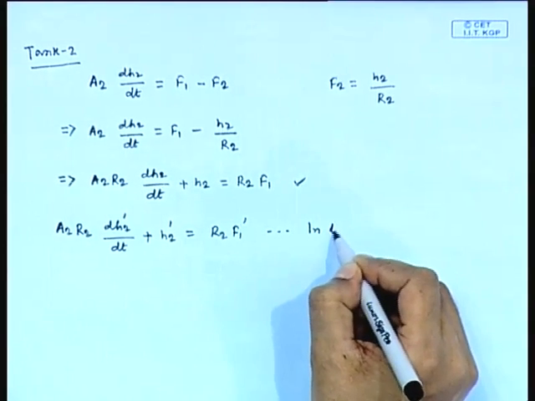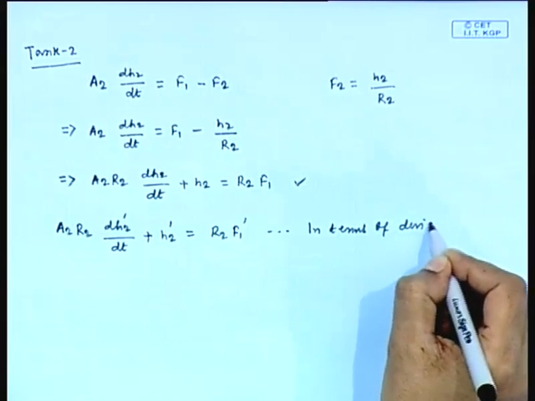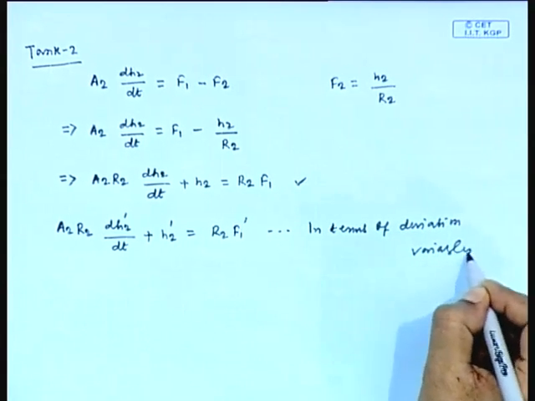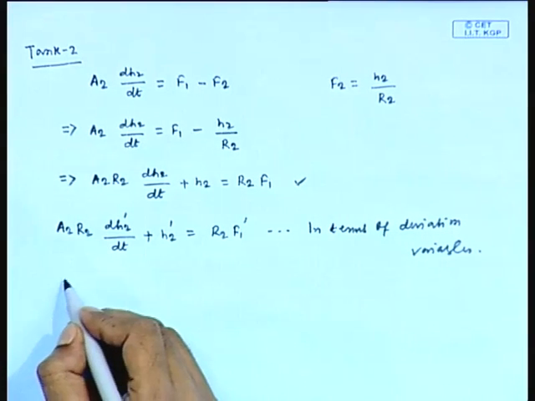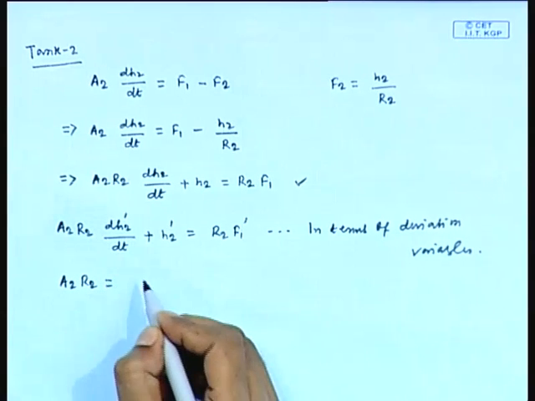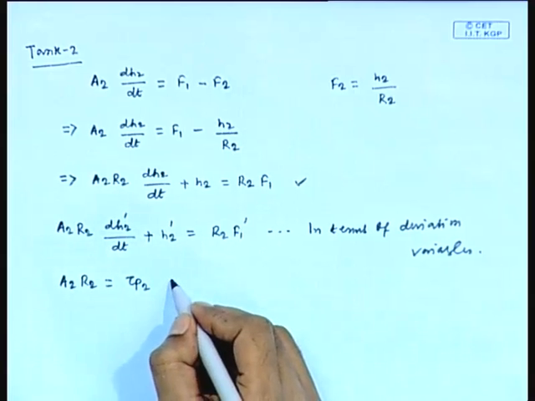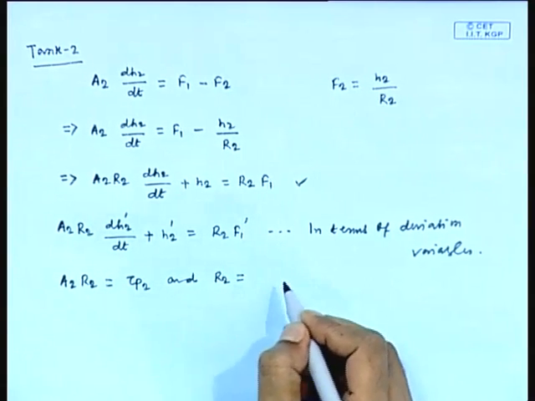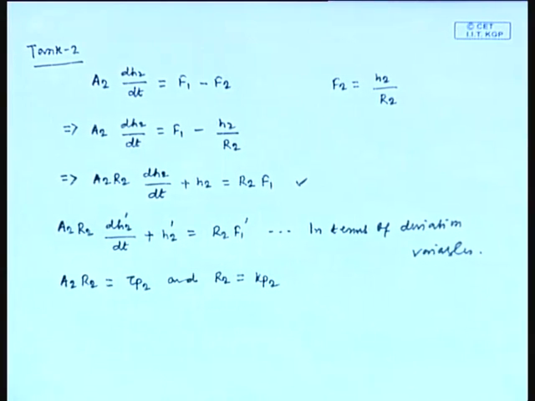This is represented in terms of deviation variables. Now, we assume A2 R2 equals tau p2 and R2 equals Kp2.